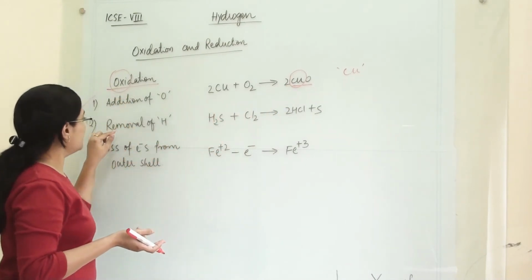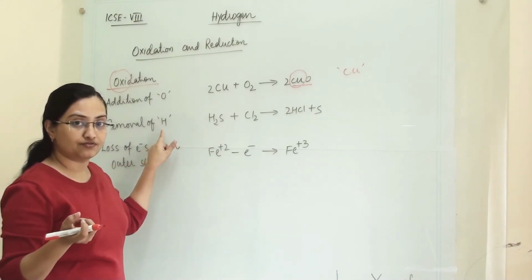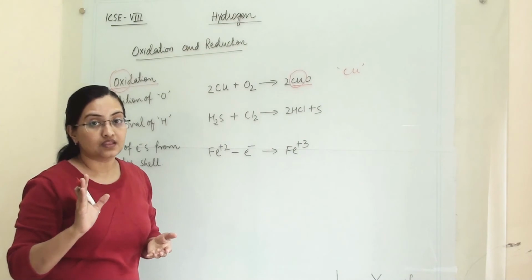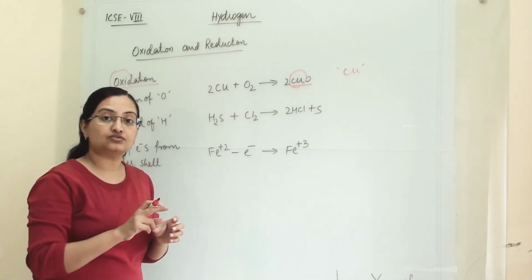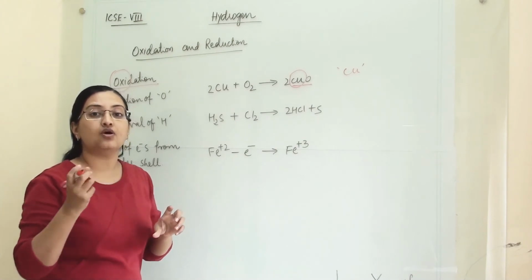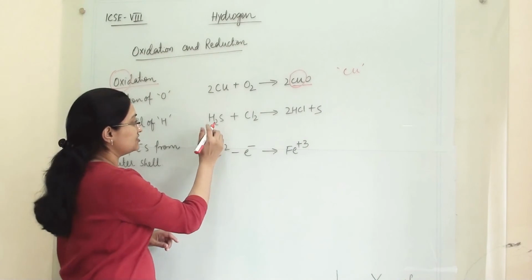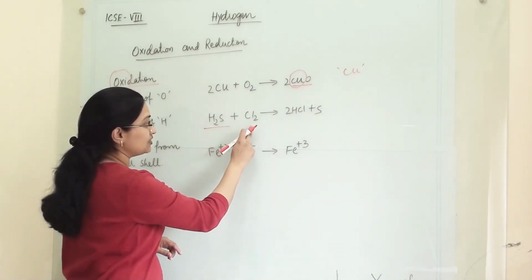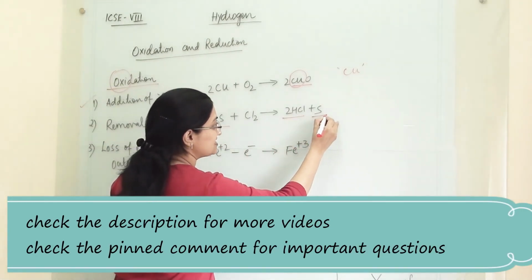Second, removal of hydrogen. When we remove hydrogen from any molecule, that is also termed oxidation. It is not necessary that we add oxygen. Only removing hydrogen is also termed oxidation. In this reaction, this is hydrogen sulfide gas. When it reacts with chlorine, it gives us hydrochloric acid and sulfur.